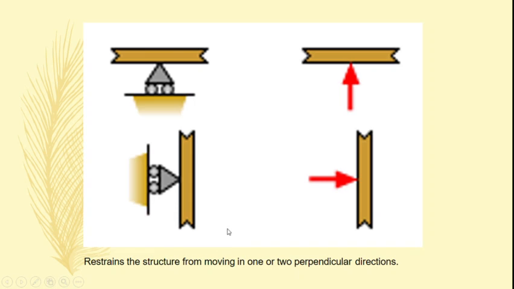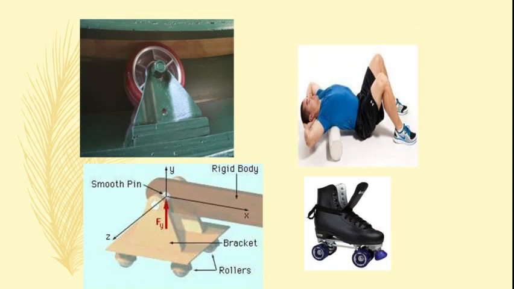If we consider this type of roller support where the surface is vertical, then we get the reaction force only in the horizontal direction. These are some examples of the roller support.